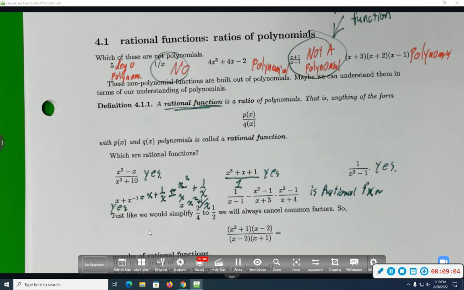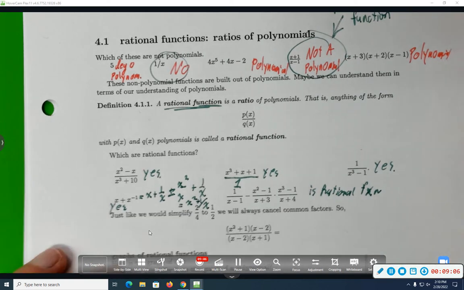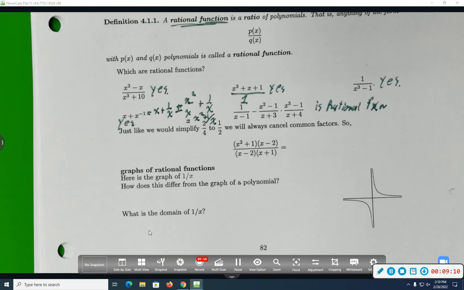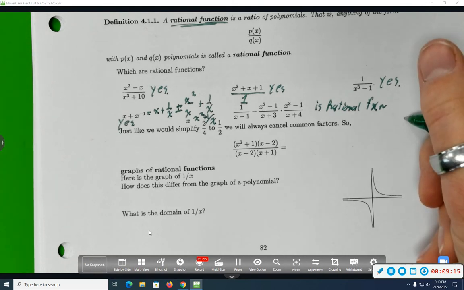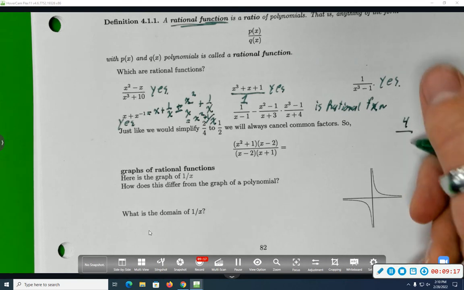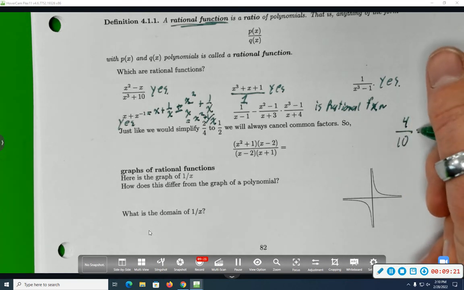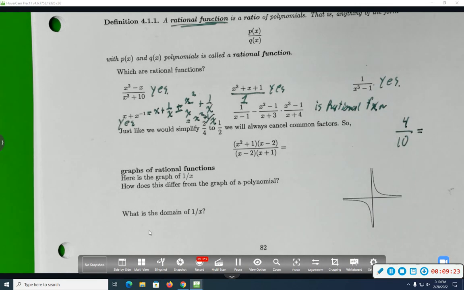Nice. Groovy. So, one of the things that you often do with rational numbers is you cancel common factors. Like, if you saw, I don't know, 4 over 10, how would you want to rewrite that? Yeah. Just 2 over 5. 2 over 5, right? You would cancel any common factors. We'll do the same thing with rational functions.